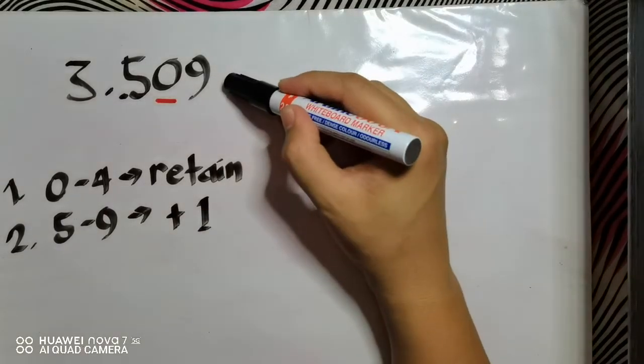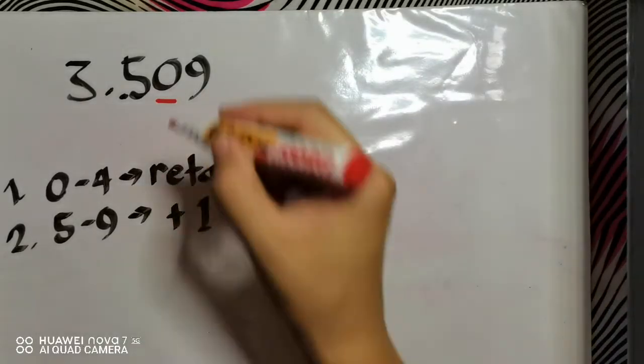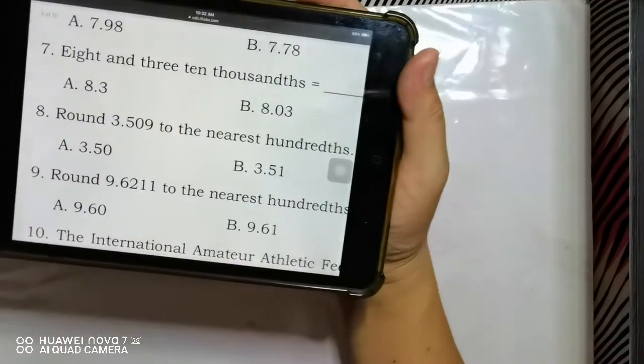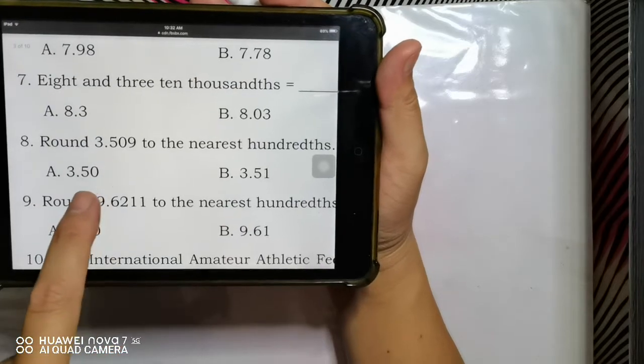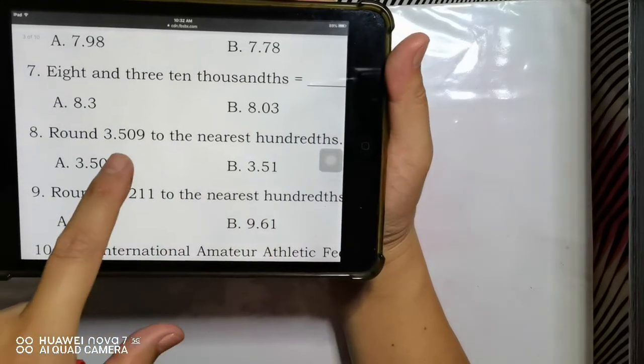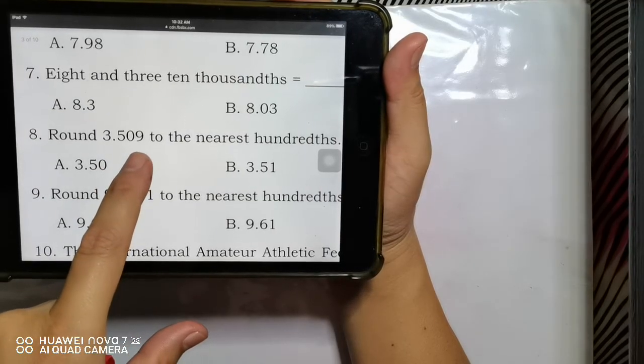Okay, balikan natin to. Paano nangyari yon? Okay, what is the number to be rounded? The number to be rounded ay 0. Kasi yun yung sabi sa ating example. Round this one to the nearest hundredths. Ang 5 ay nasa tenths place, ang 0 ang nasa hundredths place, ang 9 ay nasa thousandths place.